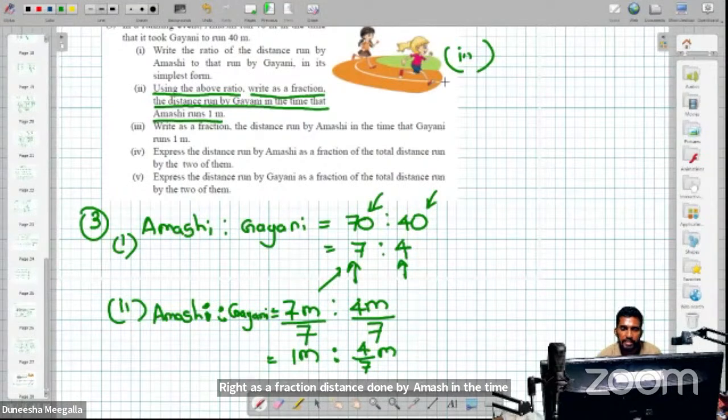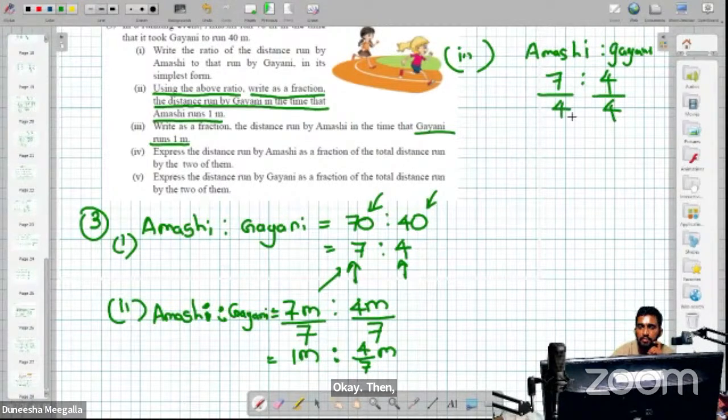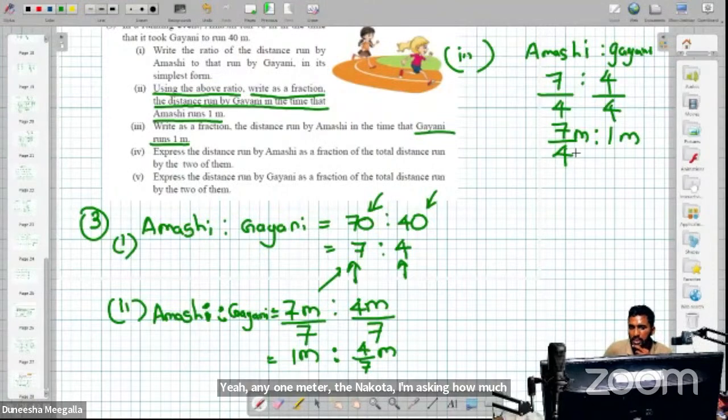When Gayani goes 1 meter, how do we look at it? Let's put 7 to 4, Amashi and Gayani. Then how much is Gayani? When Gayani goes 1 meter, we divided this side by 4. Look, 7/4. Now when Gayani goes 1 meter, how far does Amashi travel as a fraction?